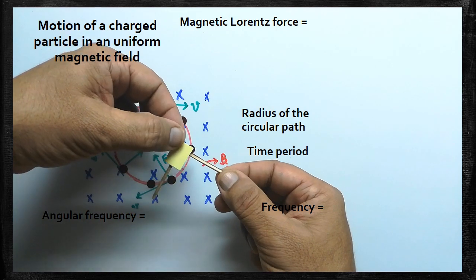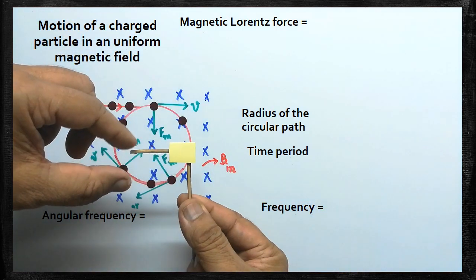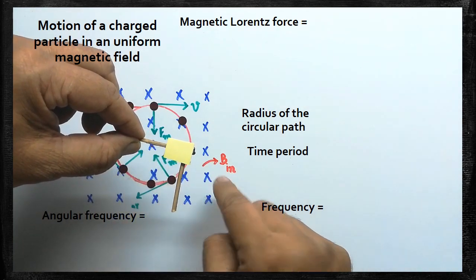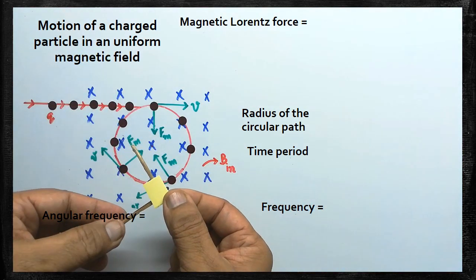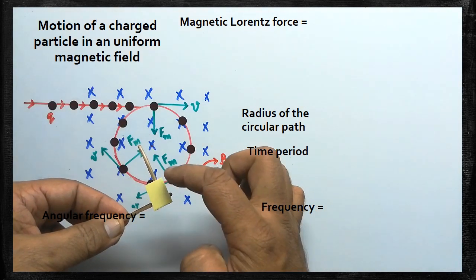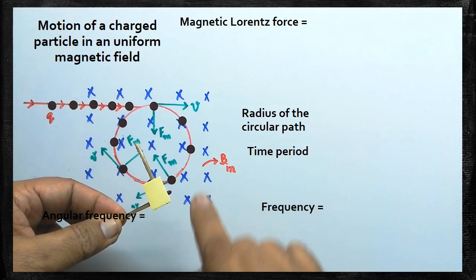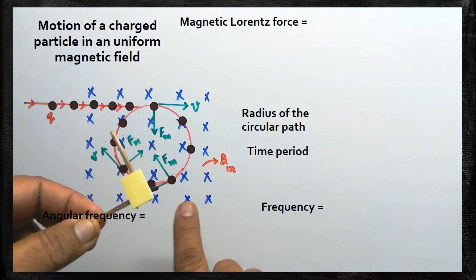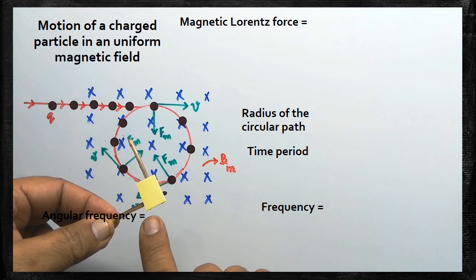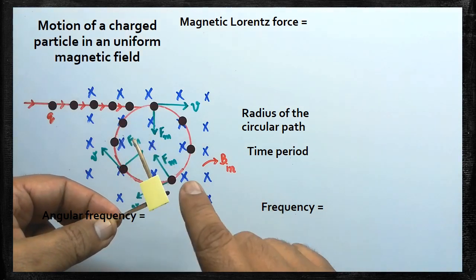Look at that. This is the direction of V, Fm, B. I will bring it here. Look at that. The V direction is acting in this direction, magnetic Lorentz force is acting in this direction, B is acting towards inward direction. So at all positions V will be perpendicular to the radius.